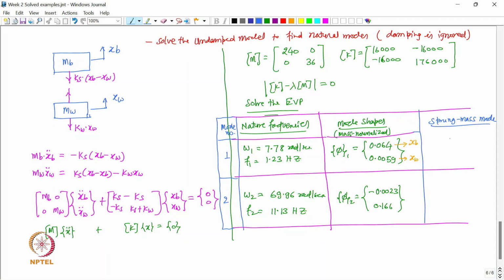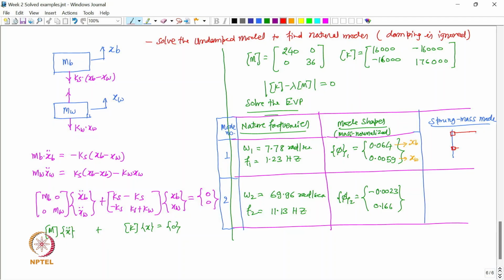Correct. And if you try to plot this, let us say this is the mean line, and I represent the displacement in the horizontal direction, although the actual displacements are in the vertical direction, but in order to plot and visualize that, let us plot it in the horizontal direction. So, the first mass, say the wheel is here, then this mass is going to have significant movement, but this mass is having smaller movement, almost 10 times less, but they are in phase, so they move in the same direction.